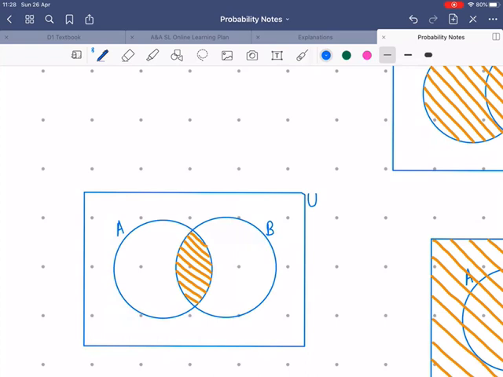So what I've been calling the overlapping section, we're going to stop calling it that because it's actually called the intersection of two events. This is when both events have occurred. And we're going to denote that with this kind of upside down U, although that's not actually what it is.